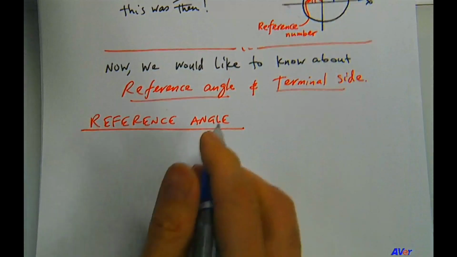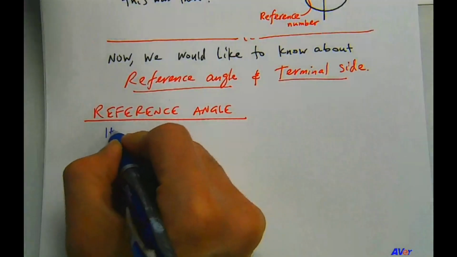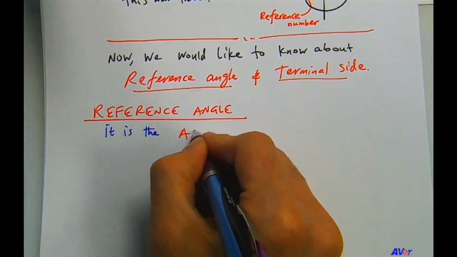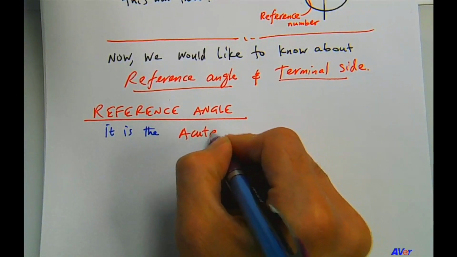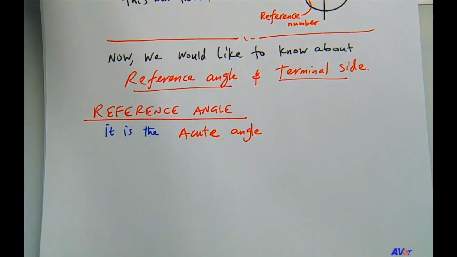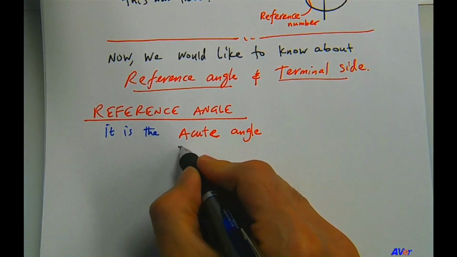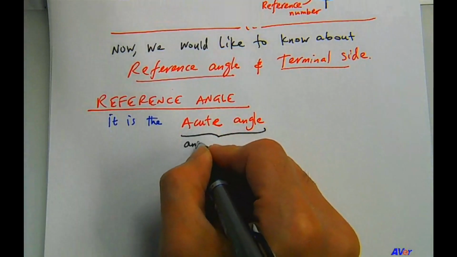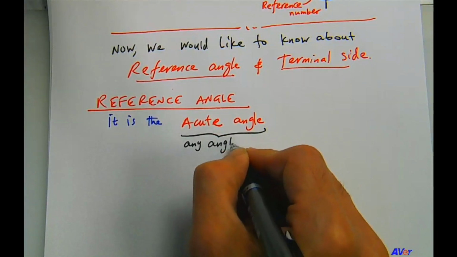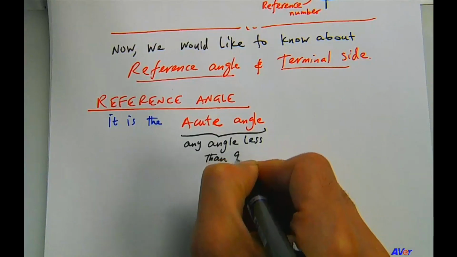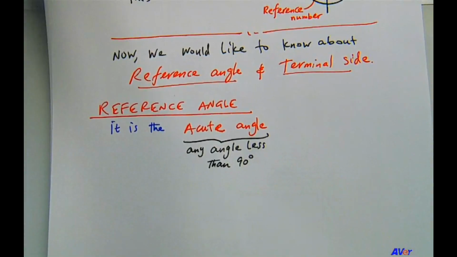So this is the acute angle. It is the very important acute angle. Do you remember from basic high school geometry what an acute angle is? Well, an acute angle is any angle which is less than 90 degrees.